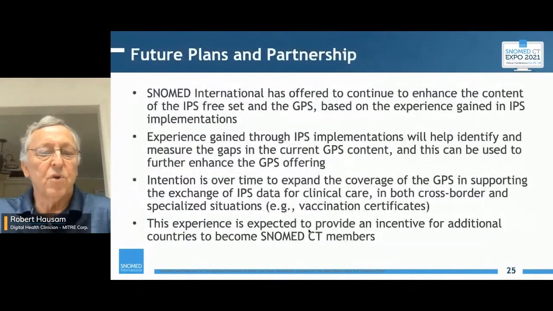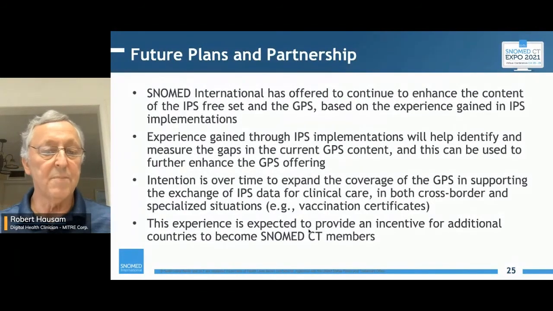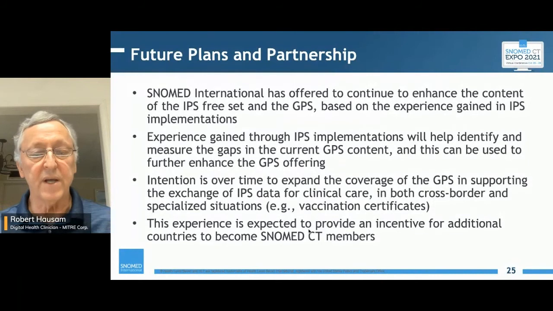So in our future plans and partnership, SNOMED International has offered to continue to enhance the content of both the IPS free set and then the overall GPS based on the experience that we gain in IPS implementations. And that experience will help identify and can help measure the gaps in the current GPS content. And this can be used to further enhance the GPS offering.